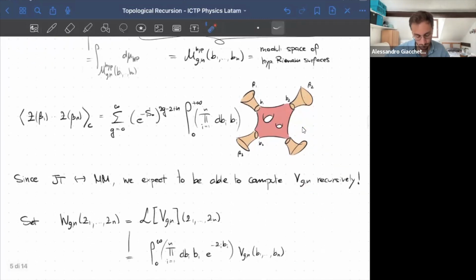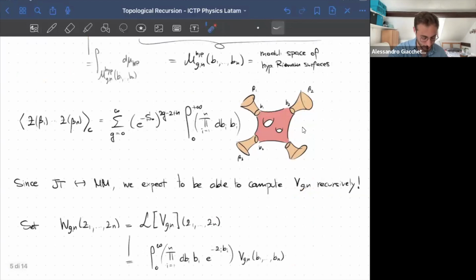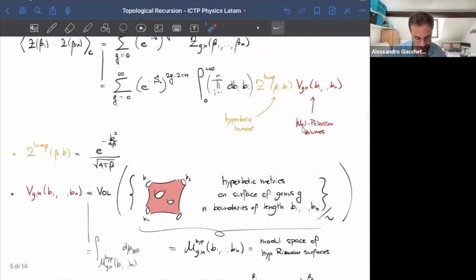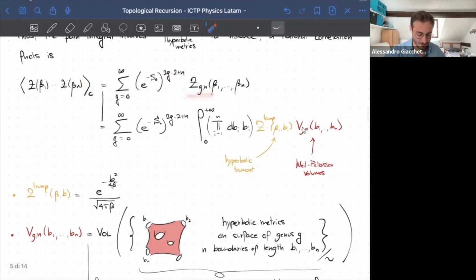So to connect it to topological recursion, I have to introduce yet another quantity. I will introduce this W_{g,n}, which is just the Laplace transform of the volumes. I'm sorry, there are many quantities. They all contain the same information. You have this Z_{g,n}, which is the expansion of this correlation function.